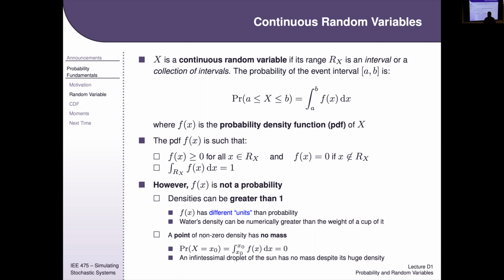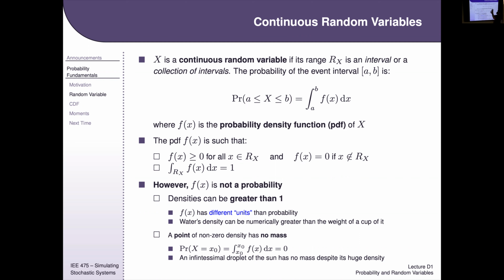At any individual point, the weight of a point is 0, but the density at a point is non-zero. So there is a relationship between density and weight, between density and probability, but it's communicated through this integral operator.